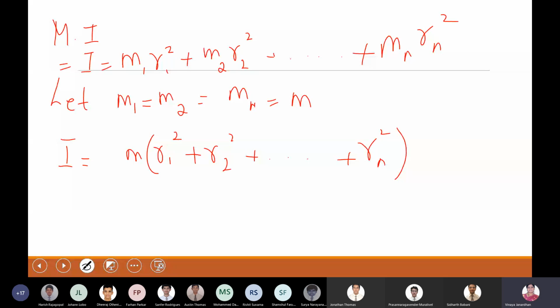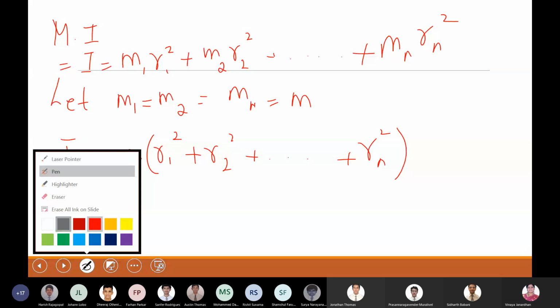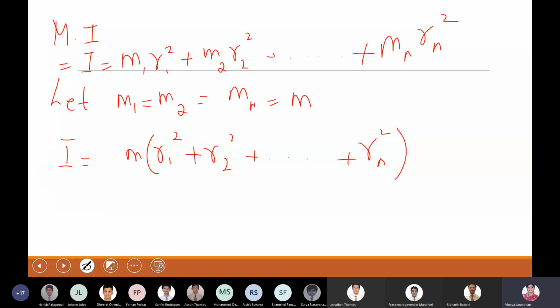You are taking all the particles to be of equal mass. So I becomes m into r1 squared plus r2 squared plus up to rn squared. A slight modification will do. We'll multiply the numerator and denominator by n. What is n?